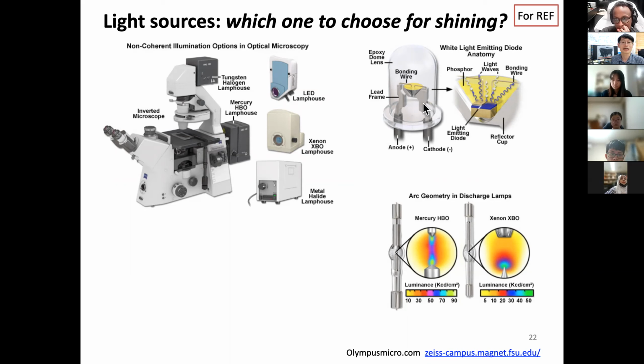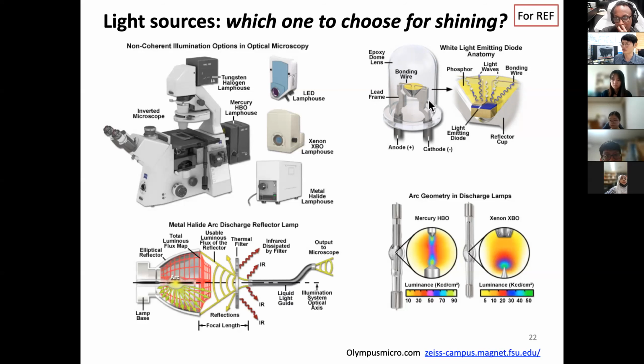Even car headlights are being replaced by LEDs. It's versatile and cheap, and even the lights in my room are replaced by LEDs. So that's great. However, if you look inside the LED, the light coming out is not like a point source. It has some pattern in it, like a filament in a lamp. So you have to be a little careful when you use it.